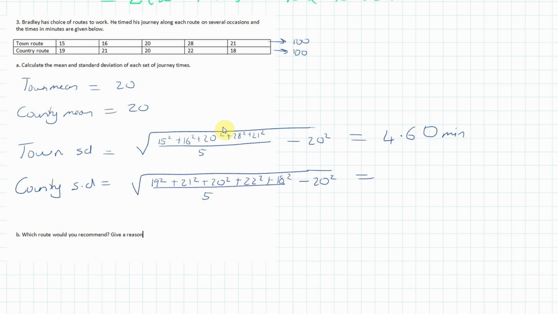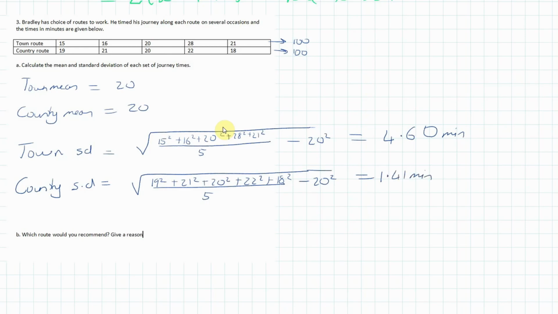So chuck it into the old calculator. I'm getting 1.41 to 3 significant figures, I think. 1.41 minutes.